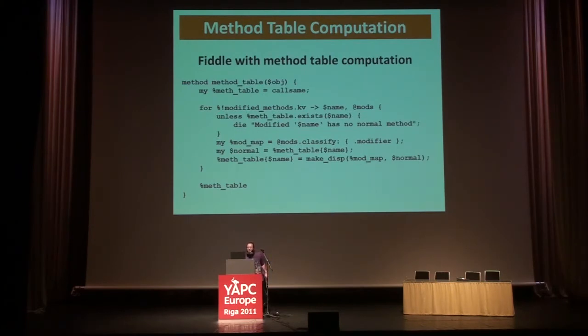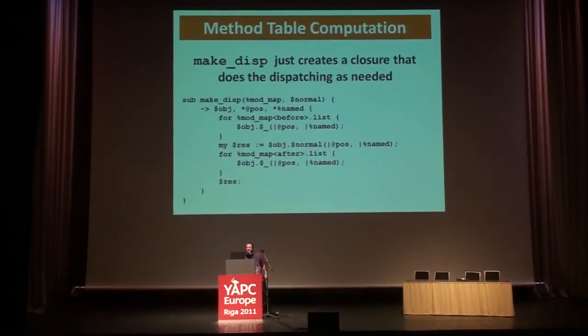So all I have to do at this point is then go and twiddle with the method that's in the method table. So you'll see we pull the normal one out, and then we call this little routine to do the computation. And it just looks like this. So all it's doing is returning a closure, which loops over the methods that we want to call beforehand.